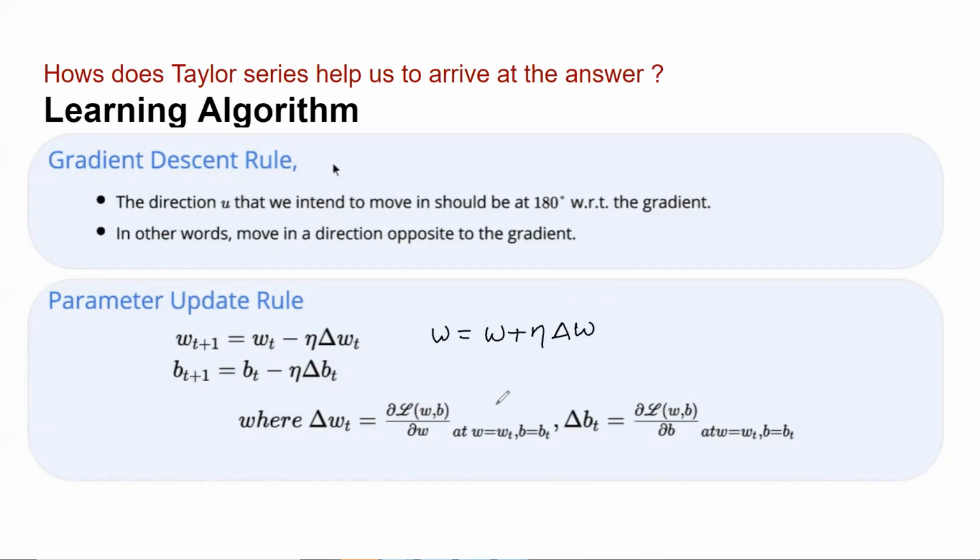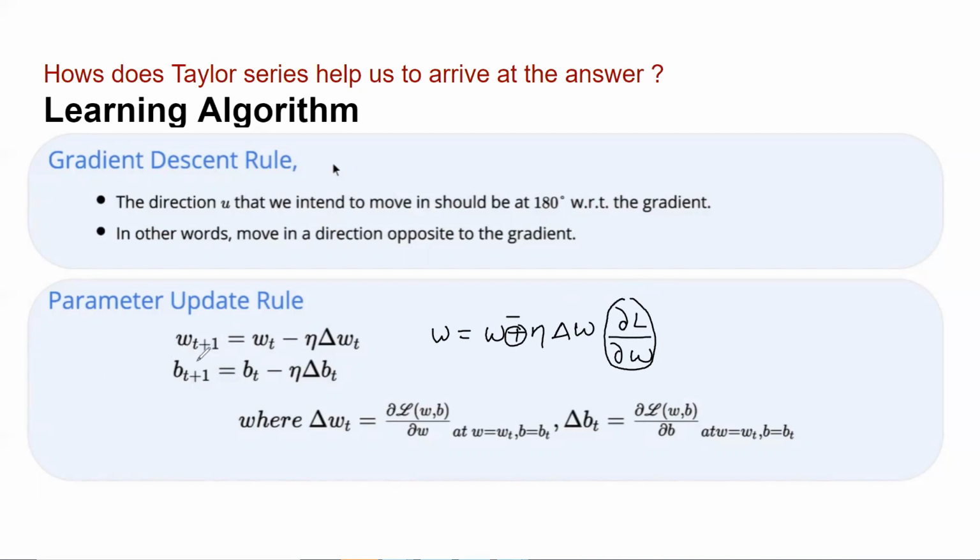Now, one thing I understood is we should move in the opposite direction. That's why I'll have a negative sign here, right? And what was my delta W? Delta W is the partial derivative of the loss with respect to W. This is the gradient part.